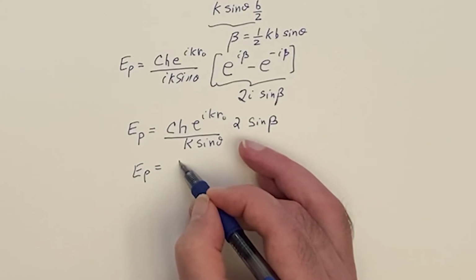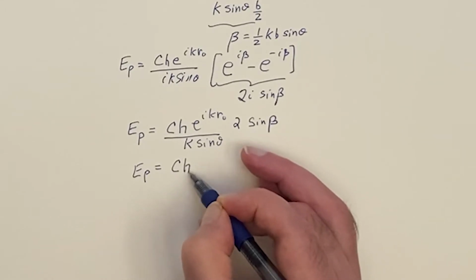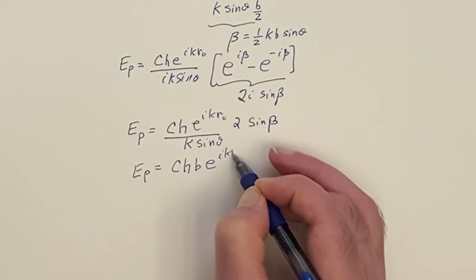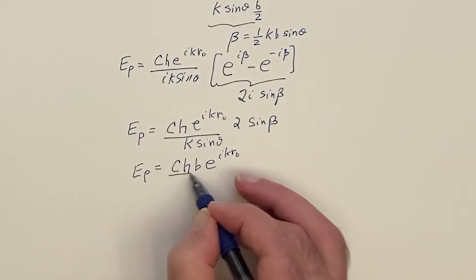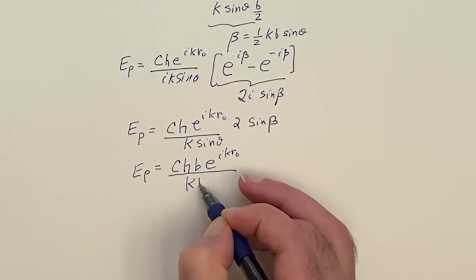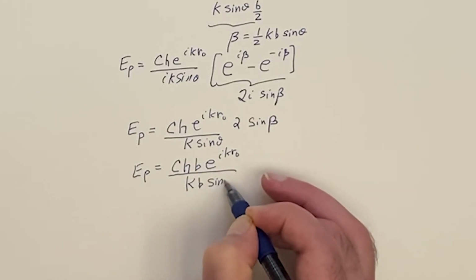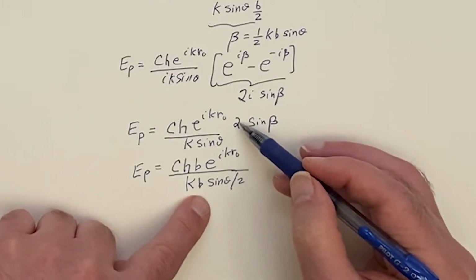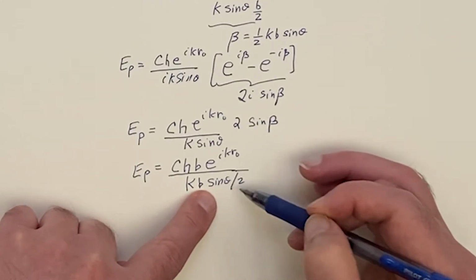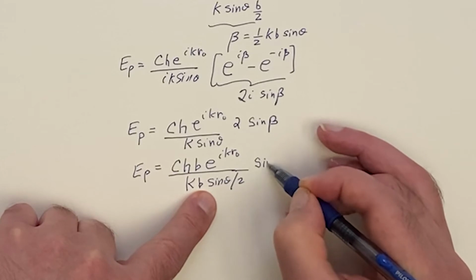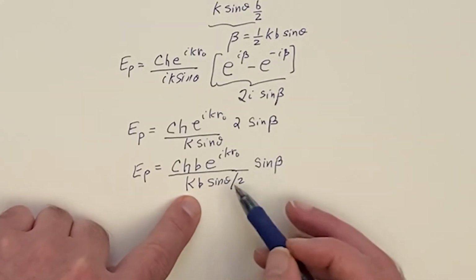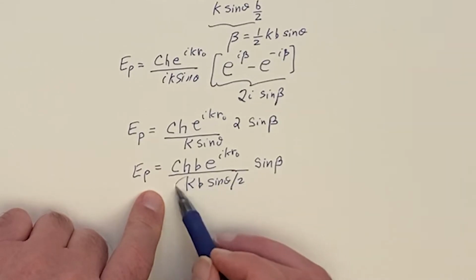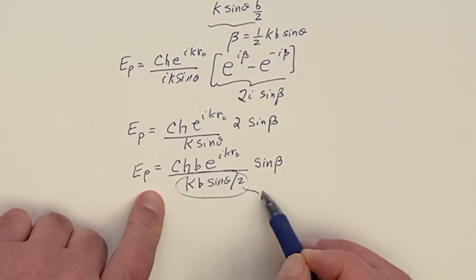So watch this. I'm going to put a b here also, I'm going to put a b up there so I can put a b downstairs. But this 2 I can put in the denominator by having 1 over 2. And now I can see that this part here is another beta.